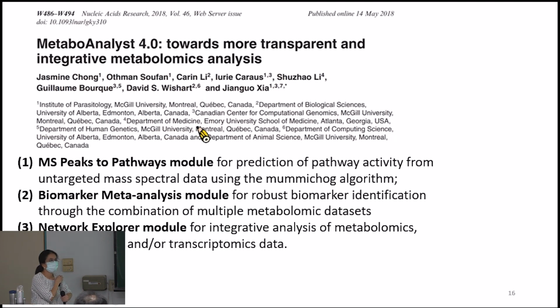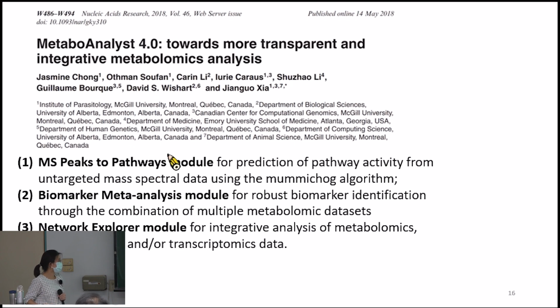And this is another approach I would like to introduce to you, which is metabolomics. This metabolomics platform is basically an integrated platform. It uses different modules, and these modules can help us identify different patterns of metabolites. The first module is about mass spectrum data for pathway identification.